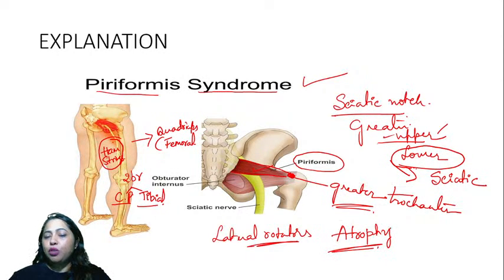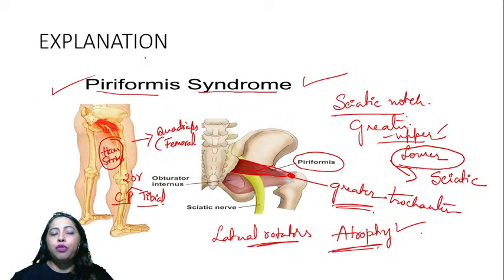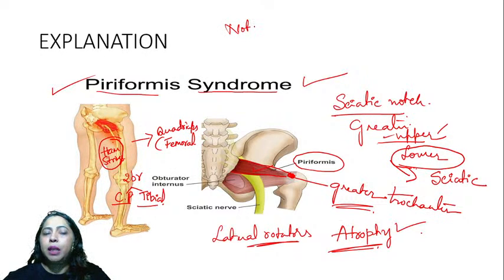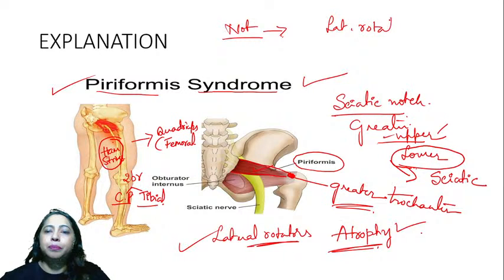All this together is known as Piriformis syndrome. The person will not be able to run or walk like before, and will face problems with lateral rotation of the hip.